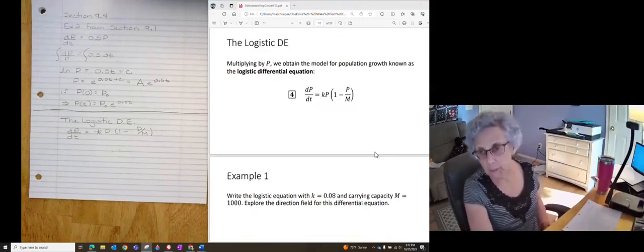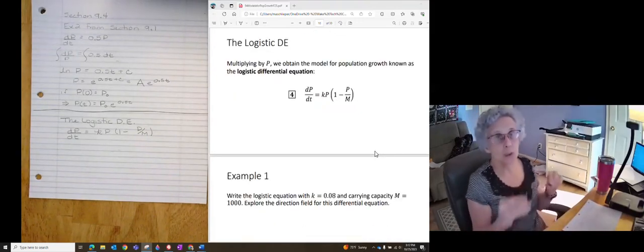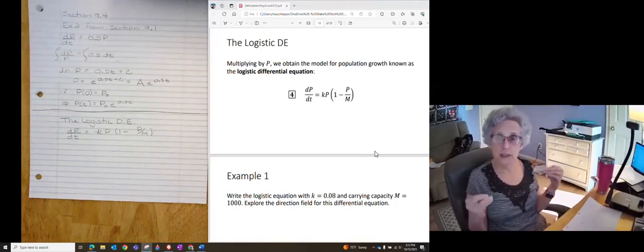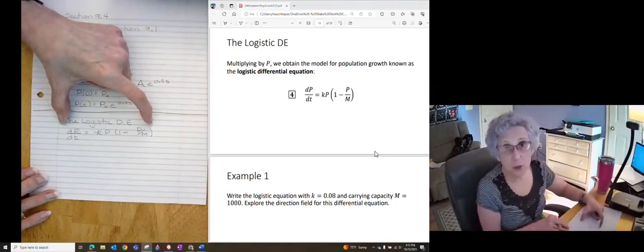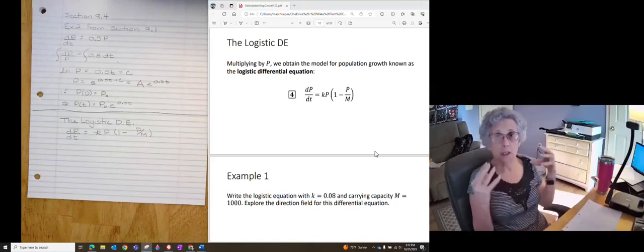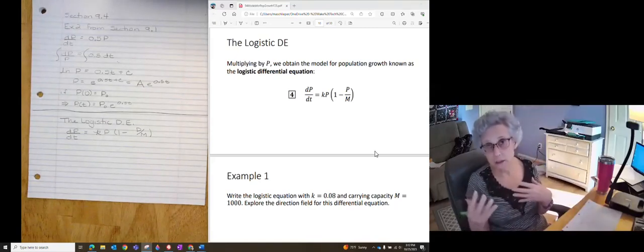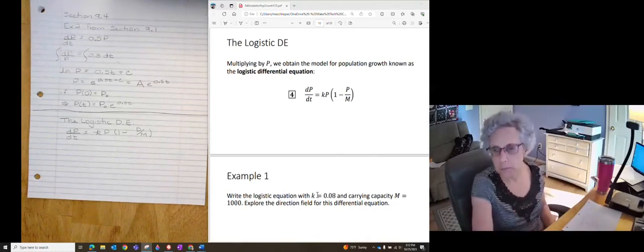So we're going to solve one of these step by step. Then we'll notice that the pattern will always be the same, so you can just memorize this pattern and use that to solve logistic problems.